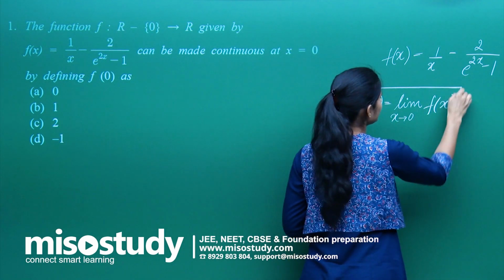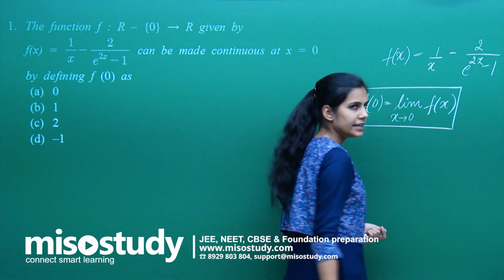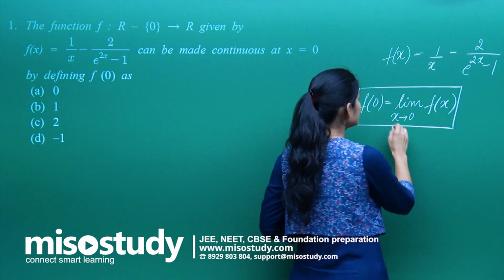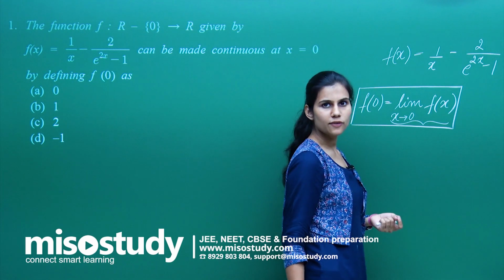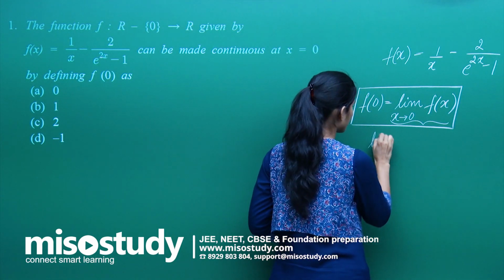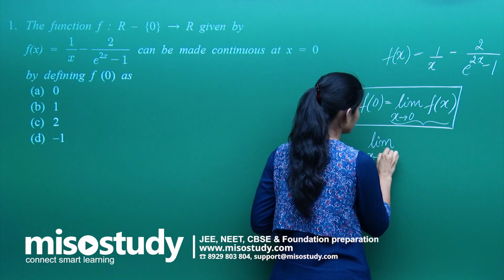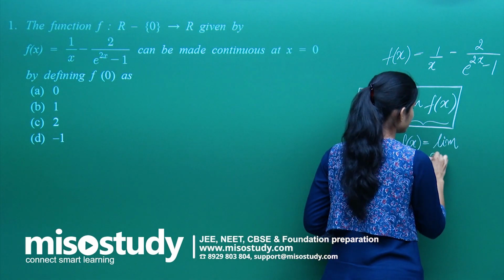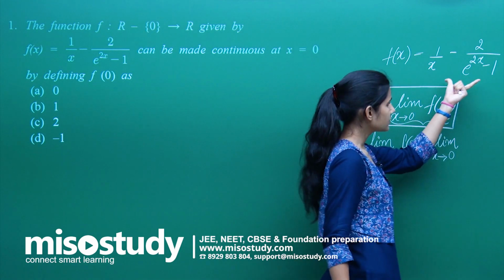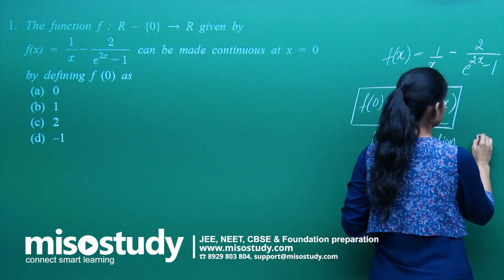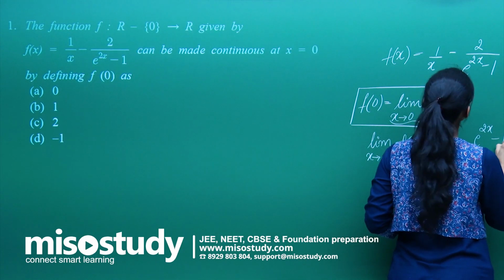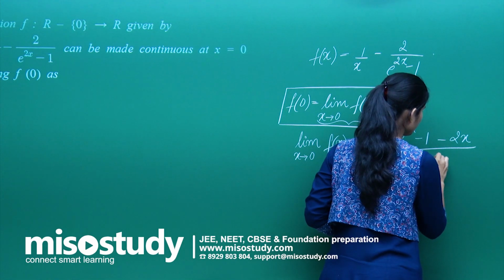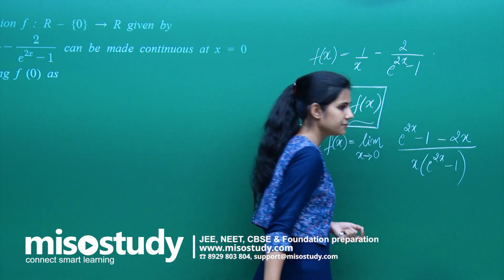If this happens to be true, in that case I can say that the function f is continuous at x equals 0. But for this we need to first compute the limit x tends to 0 of f of x. What would this be? The limit x tends to 0 of f of x is actually the limit x tends to 0 of this function: e to the power 2x minus 1 minus 2x, whole upon x into e to the power 2x minus 1.